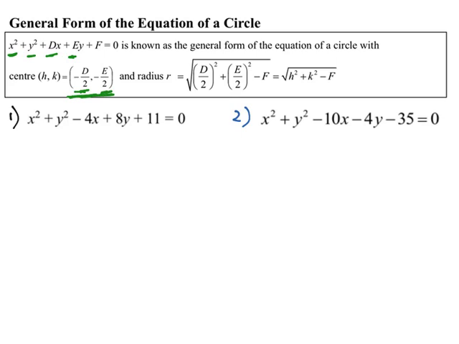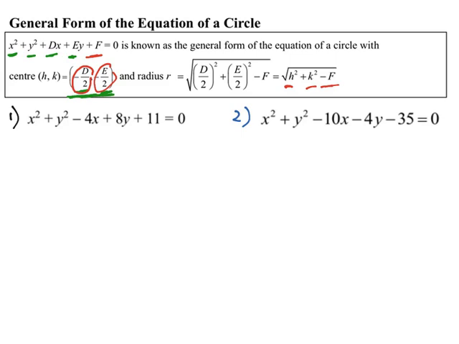Next, we'll find the radius. For radius, actually it is using this one, square root of h squared plus k squared minus f, meaning the x coordinate of the center squared plus the y coordinate of the center squared, minus f.